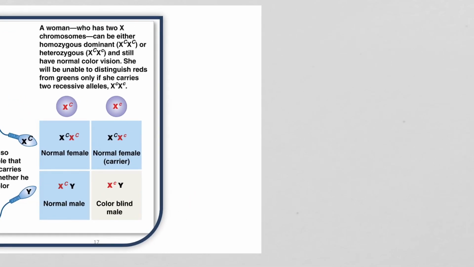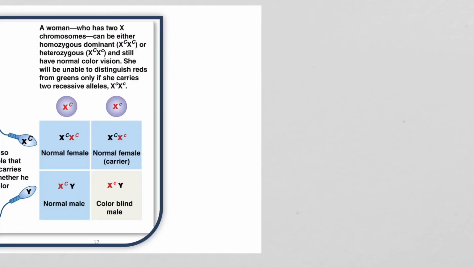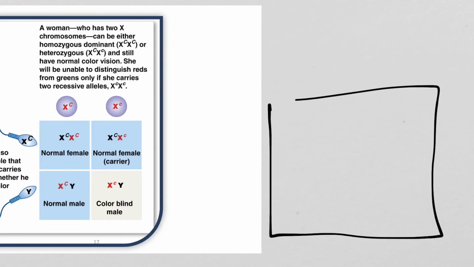Okay, so let's draw a Punnett square. Let's draw a bigger Punnett square. So we said we have a normal color vision papa.